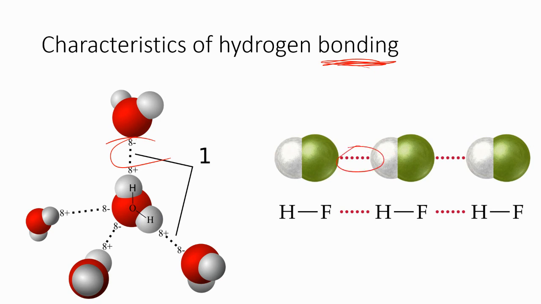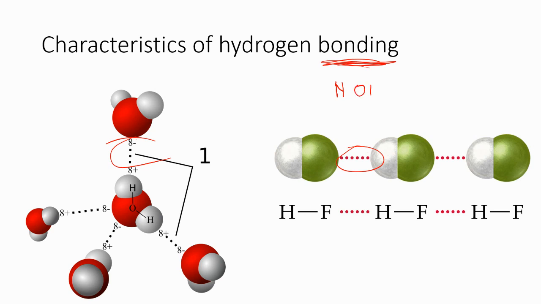So what makes it any different than the other forces that we've talked about? Well, it's the special nature of hydrogen when in particular it's bonded to one of three atoms. So what are those atoms and why are those atoms special? To form hydrogen bonds, you need a couple of things.